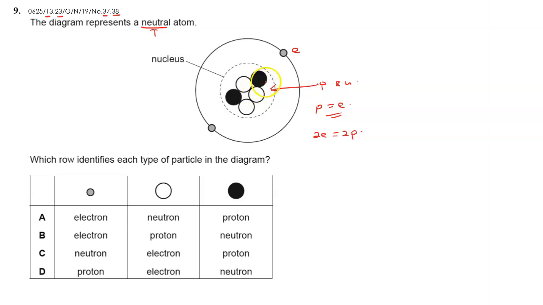So we can see we have only 2 black shaded circles, so those are the protons. So then it means that the unshaded circles are neutrons. And then the electrons are the ones in the energy level, so it means the answer here is A.